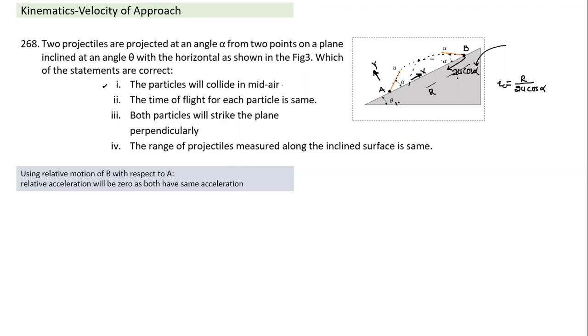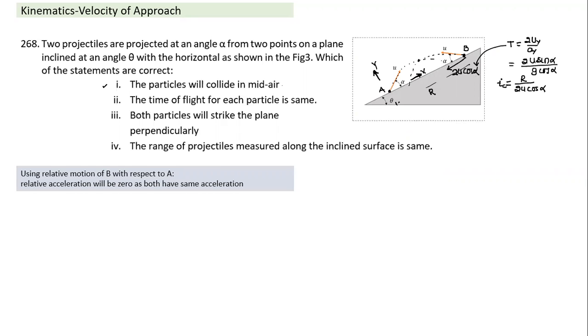The time of flight. The moment it hits the ground, velocities are gone. So this is valid only up to time of flight t, and time of flight is 2uy by ay, which in this case is equal to 2u sine alpha divided by g cos alpha. That's the time of flight.